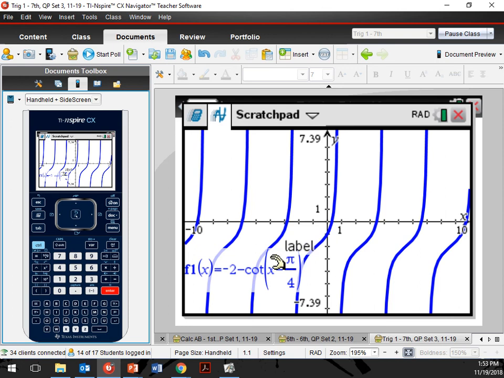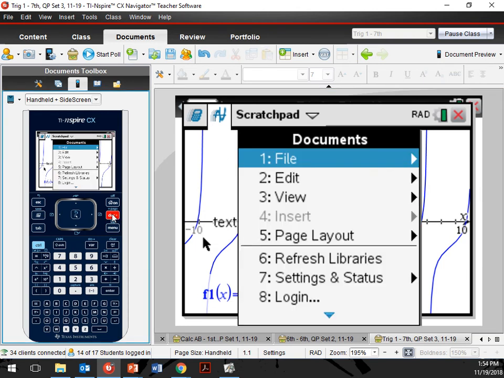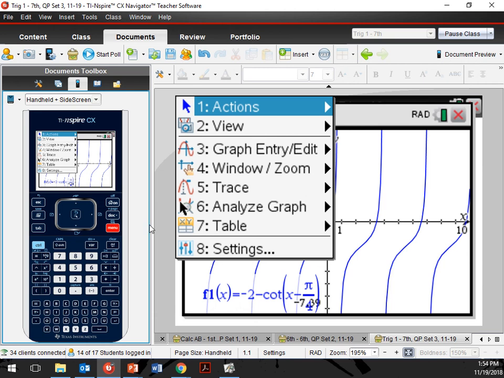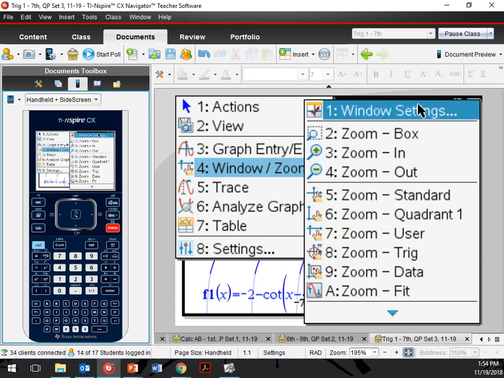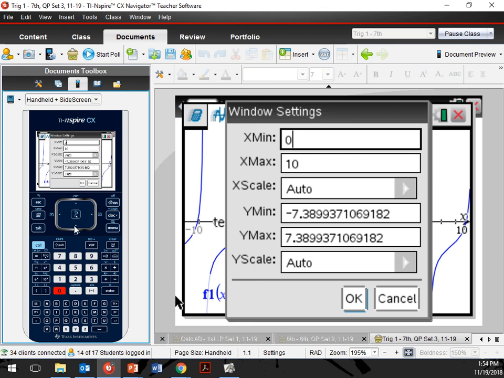Okay. What is my interval going to be? 0 and pi. Okay, so let's take a look. I'm going to go menu, window, and where did we say our asymptotes are? 0 and pi.